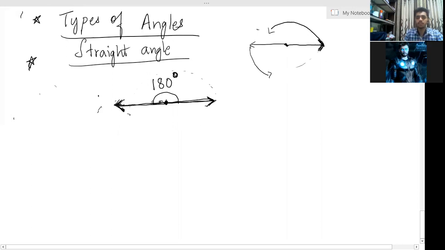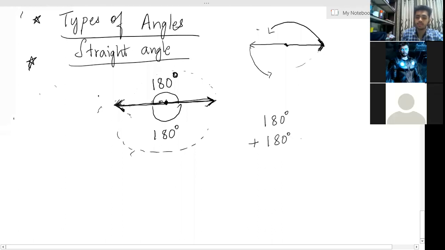So just imagine this. I have 360 degrees. Then again I'm going to rotate it till it comes back to the same position. So again I'm going to rotate it till it comes back over here. This side is also equal to 180 degrees. And what is 180 plus 180? 360.